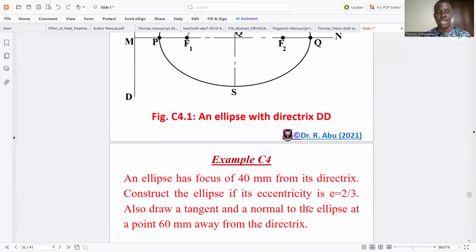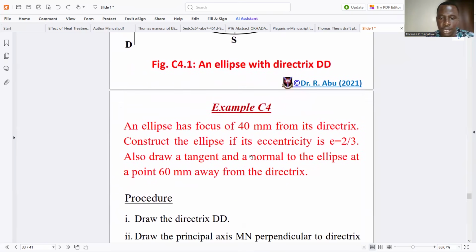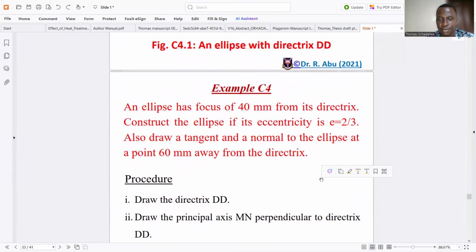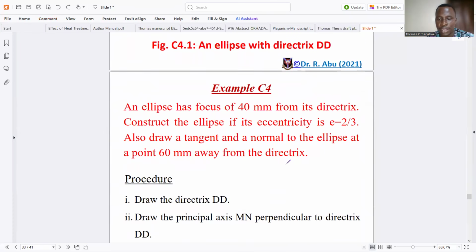So now, using that ellipse method, let's construct an ellipse. Using the eccentricity method, let's construct an ellipse with a focus 40 mm from its directrix. In other words, you draw a line.